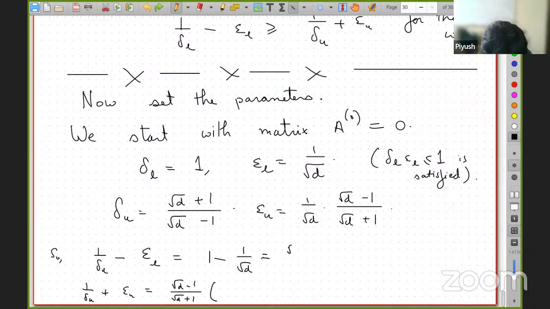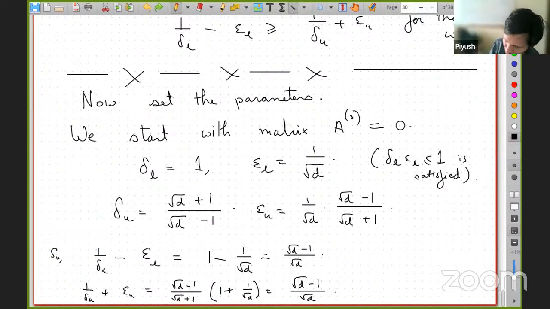So this is like root d minus 1 over root d. So this inequality is true.